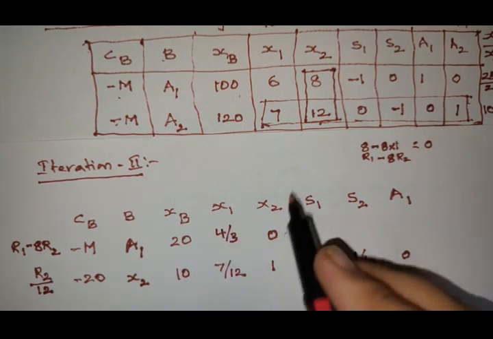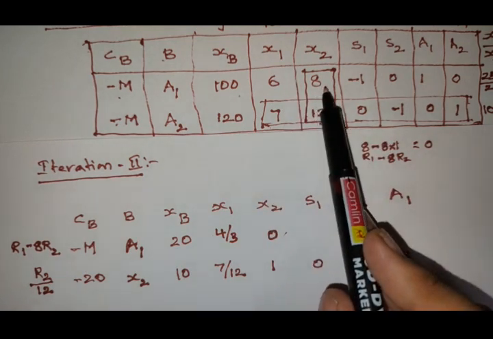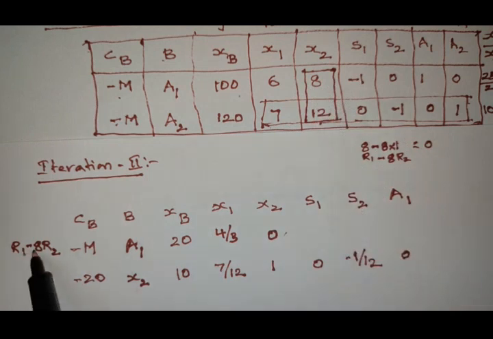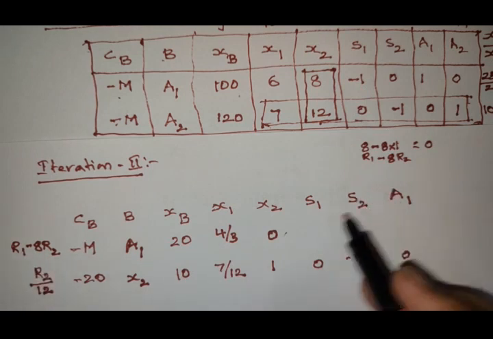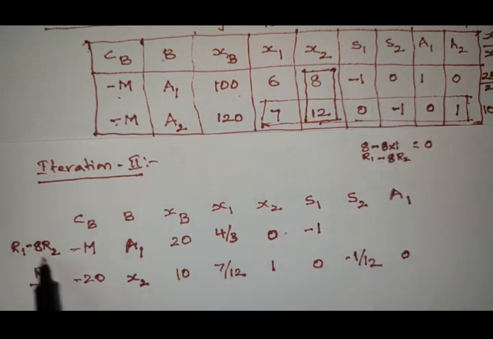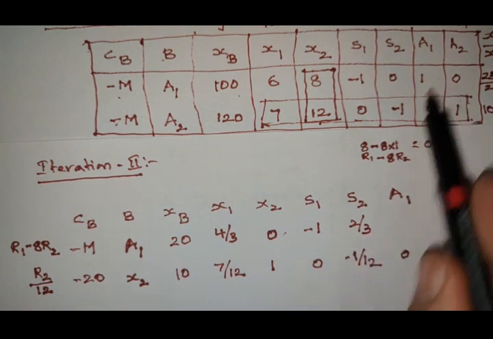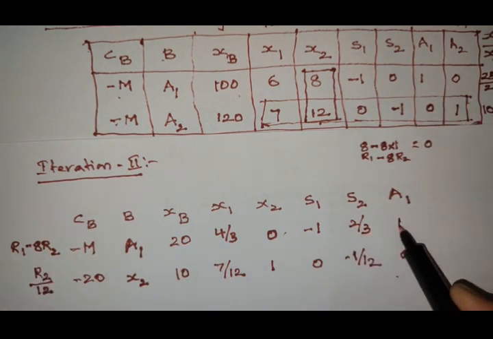Next, here 8 minus 8 into 1, 0. Next, minus 1 minus 8 into 0. So you will get minus 1. Next, 0 minus 8 into minus 1 by 12. So here we will get 2 by 3. Next, 1 minus 8 into 0, 1.